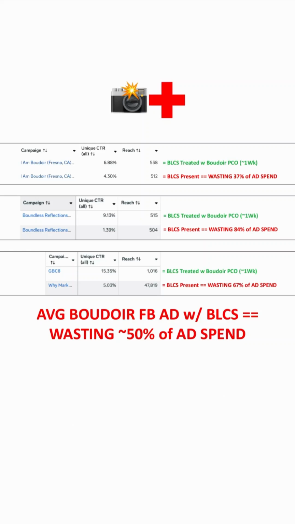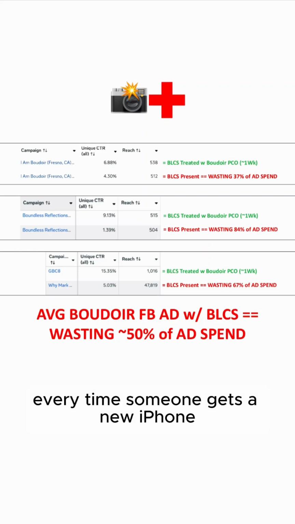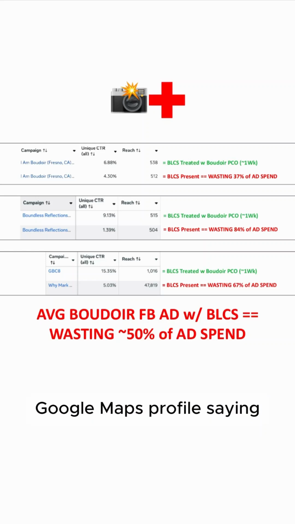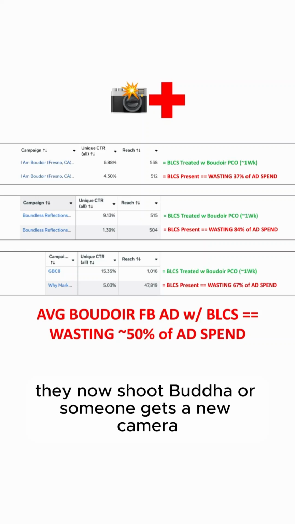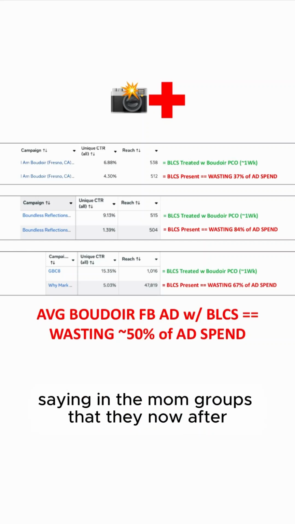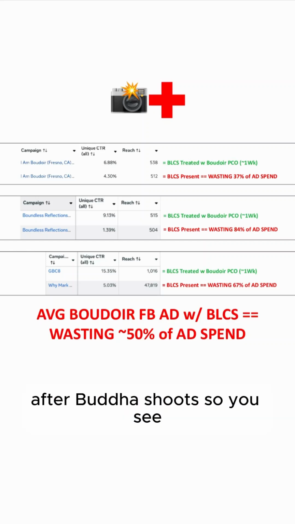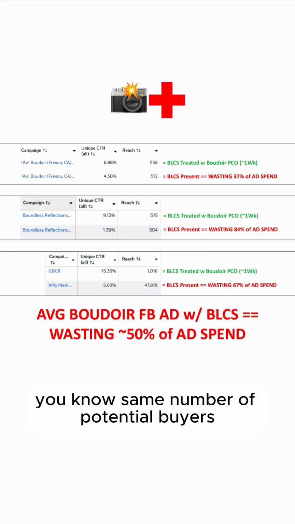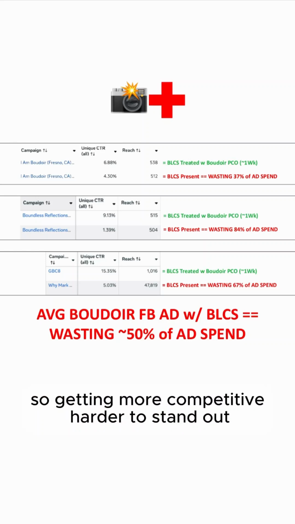Like every time someone gets a new iPhone, there's at least someone opening a new Google Maps profile saying they now shoot boudoir, or someone gets a new camera and they're now saying in the mom groups that they now do boudoir shoots. So you see, it's getting more and more boudoir photographers fighting over the same number of potential buyers. So getting more competitive, harder to stand out.